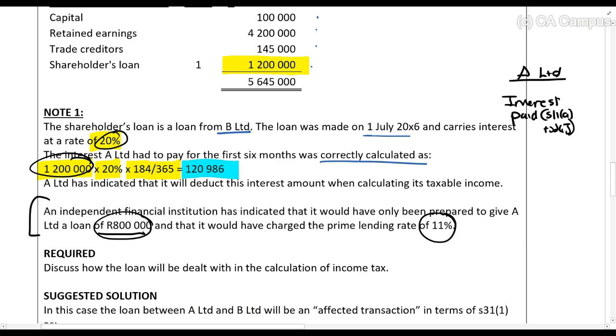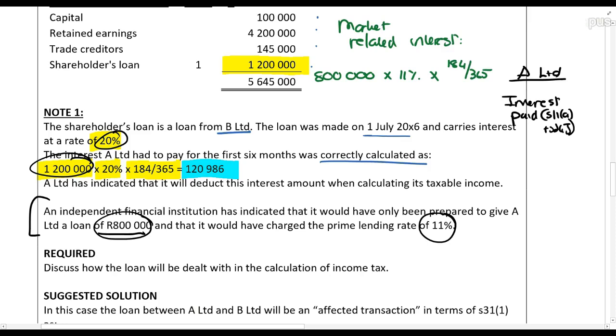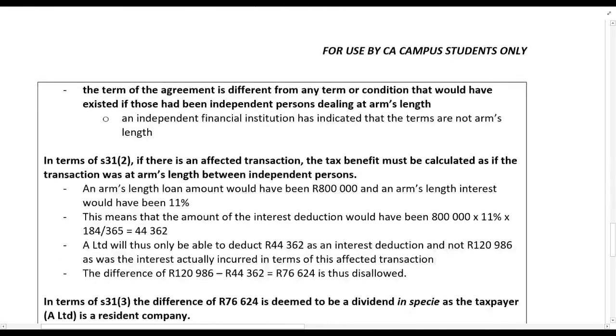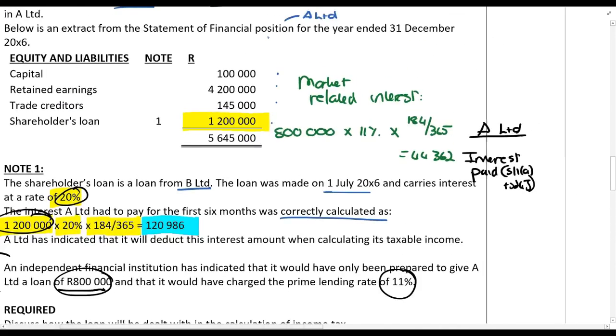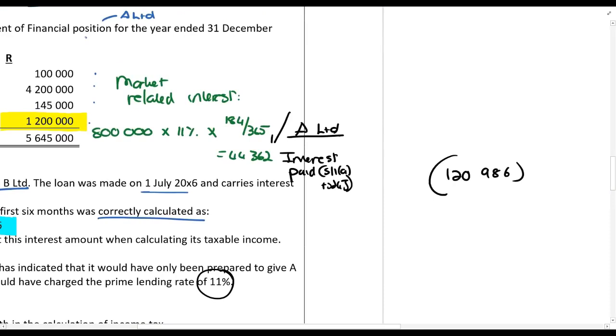So the market-related interest would be 800,000 times 11% times half the year, which is 44,362. We also calculate it in the solution so you see where it comes from. Basically, you should have only deducted that much.